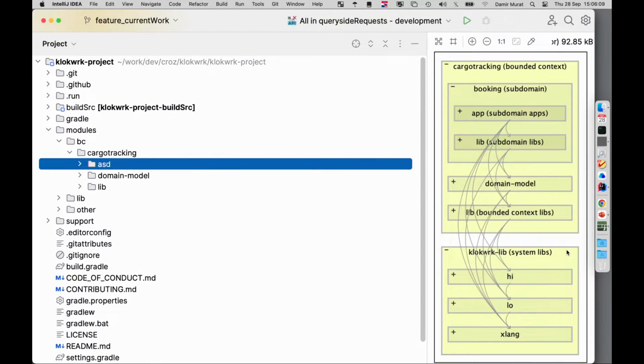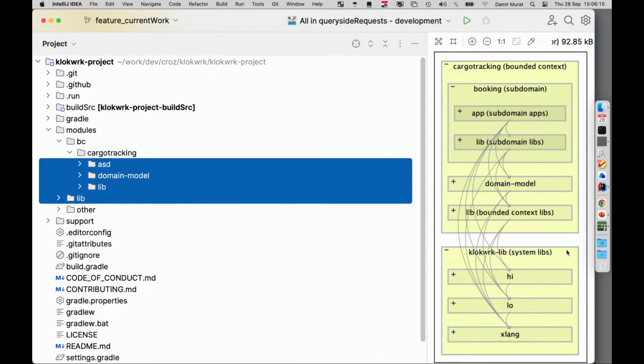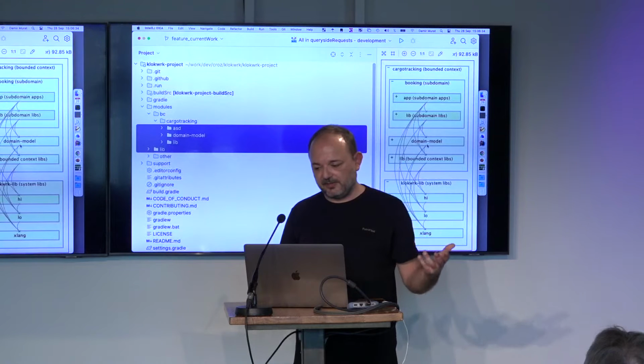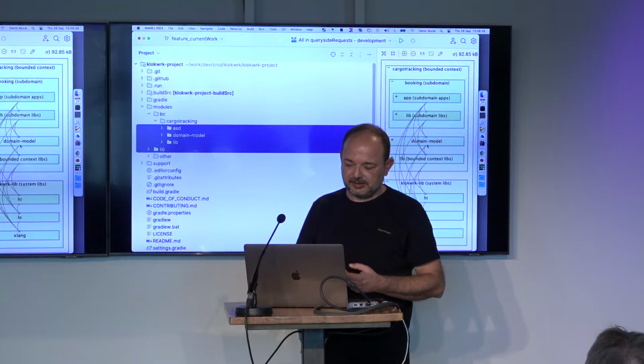Okay, let's expand to the level of bounded context. And I'll select some directories. Then again, take a look at the picture. At the top, I have subdomains. Here it is. I'll try to mark it. I can, but I guess you see something. Okay, right beneath it, we have a domain model the same way as at the directory level.